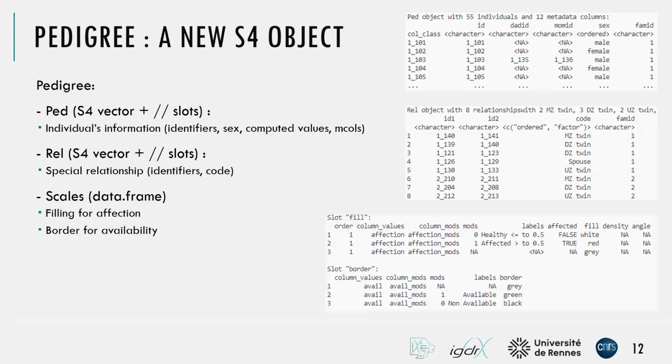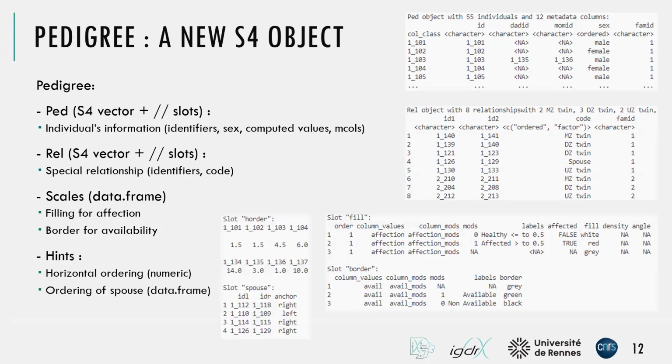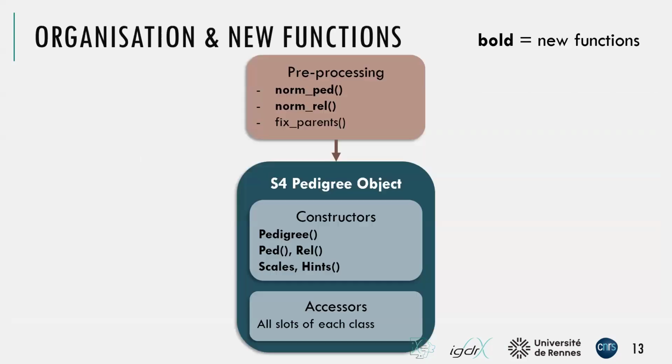The Scale class has two data frames, one for the filling and the other one for the ordering of the symbols. And finally, the Hints class enables specifying the relative horizontal ordering between siblings and between spouses.